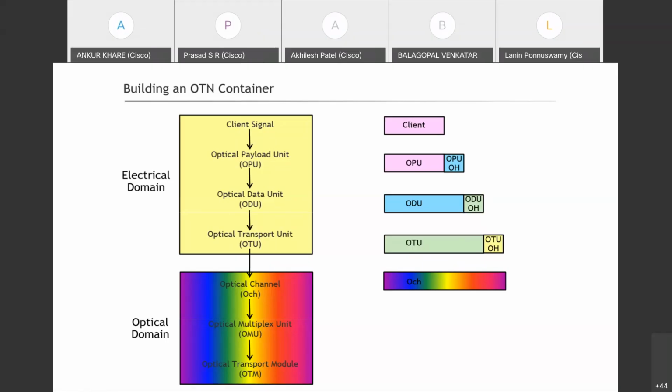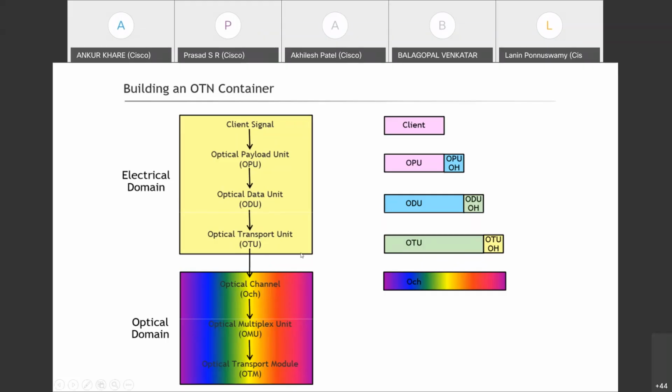So between two ends, if you have to monitor the link, that is the OTU layer, and it will monitor the sections, the different sections within the network. The OTU layer will be used for that. If you have to monitor an end-to-end circuit, the ODU layer. And if you have to monitor the payloads, then payload related things will be taken care of by the OPU overhead.